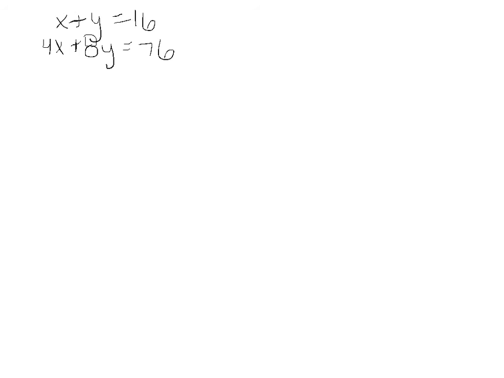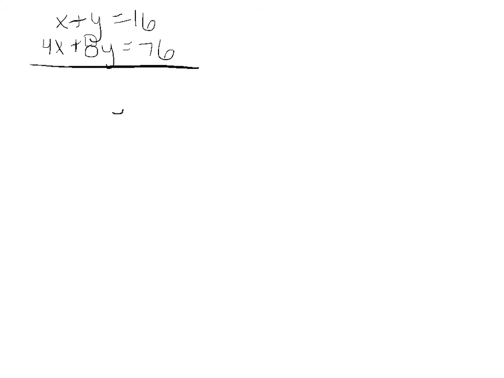If I tried to simply add these together right now, I'd get 4x plus another x would be 5x plus y and 8y, 9y, and 92. Well, I still have an x and a y. Nothing was eliminated. That's the goal of this method, elimination, to cancel out one of the variables. So that method did not work.